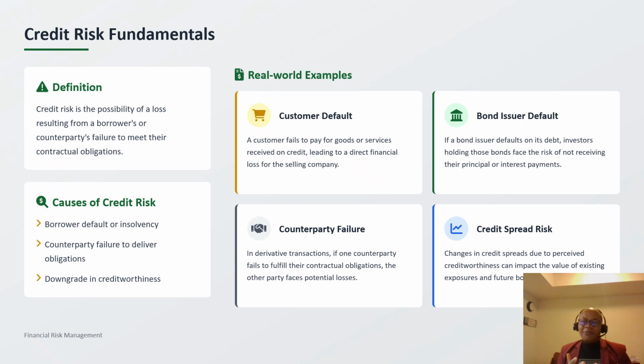It could result from borrower's default or insolvency, counterparty failure to deliver obligations, downgrade in credit worthiness. A real-world example could be a customer fails to pay for goods or services received on credit, leading to a direct financial loss for the selling company.